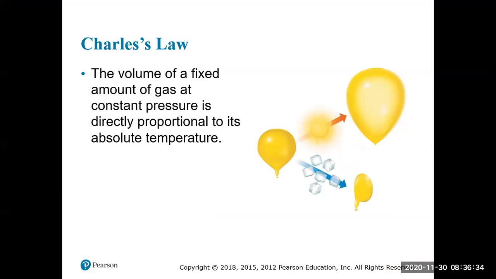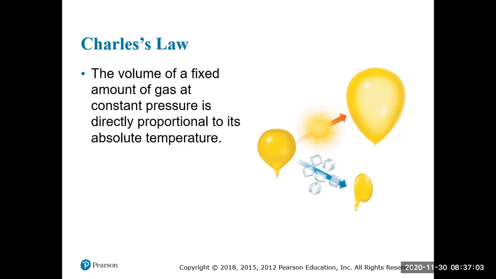The next thing I'd like to talk about is something called Charles's law. Charles's law states that if you have a fixed amount of gas, meaning a constant number of moles of gas, and you have that at constant pressure, the volume of the gas is directly proportional to its absolute temperature.